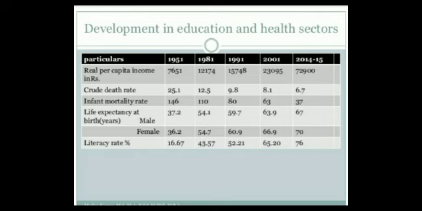The crude death rate is lower in 2014-15 than in 1951. The infant mortality rate is very much less in 2014-15, and life expectancy is 37.2 in 1951 but improved to 67 in 2014-15. Literacy rate grew from 16.67 in 1951 to 76 in 2014-15. It is much better than before.